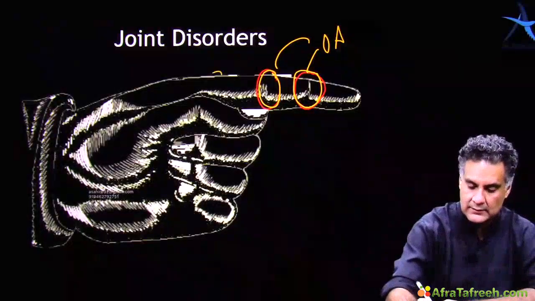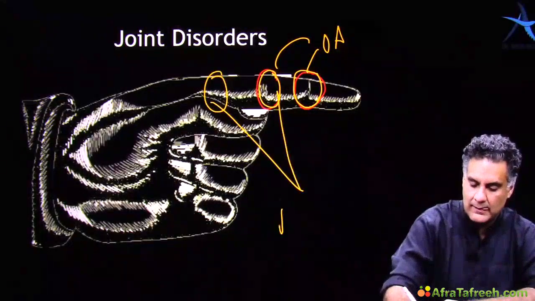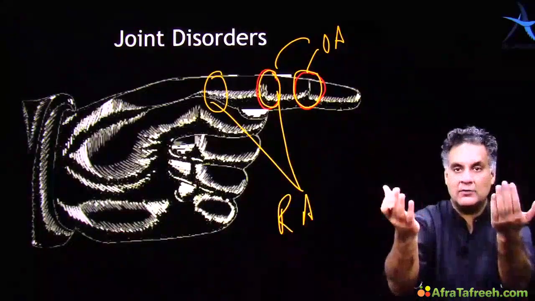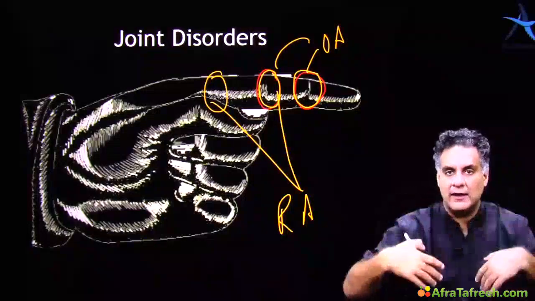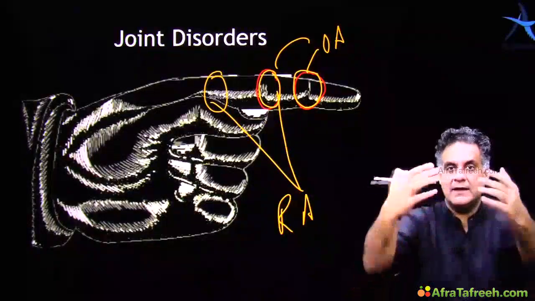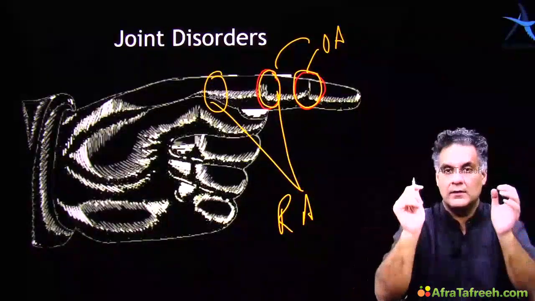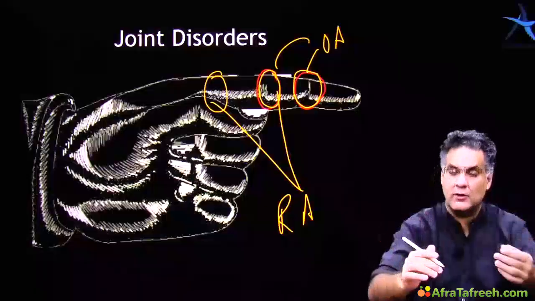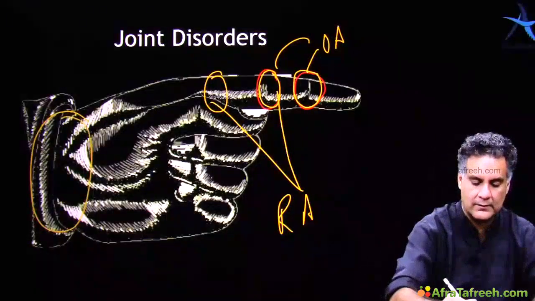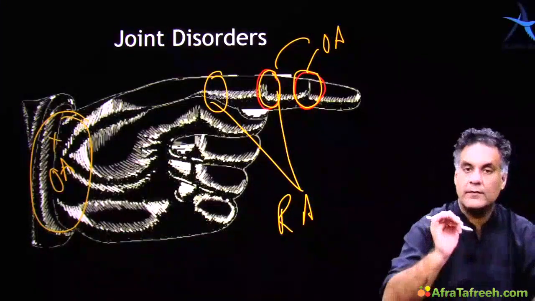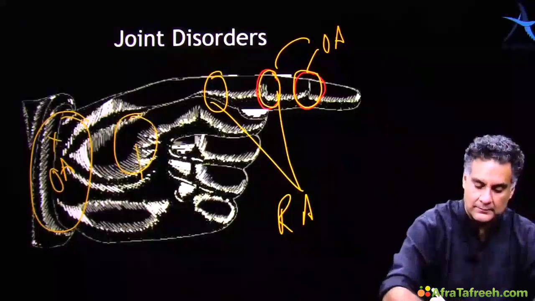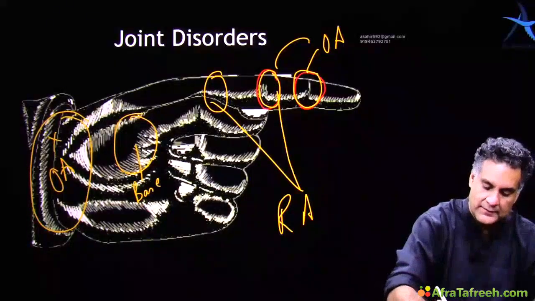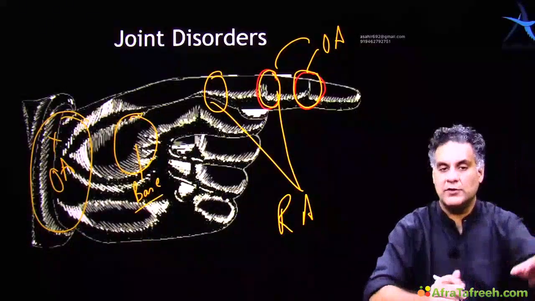And the two joints in the finger which are towards you are RA, meaning calling towards you, RA. So MCP and PIP are involved in RA, and PIP and DIP are involved in OA. So OA does not involve the MCP, it also does not involve the wrist. Whereas OA involves the base of the first metacarpal, the carpometacarpal joint. This is what you should remember.